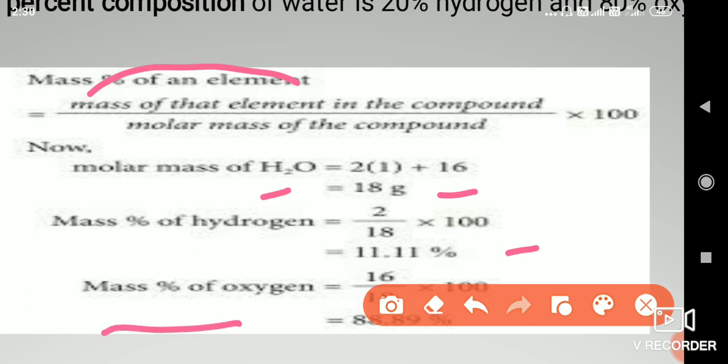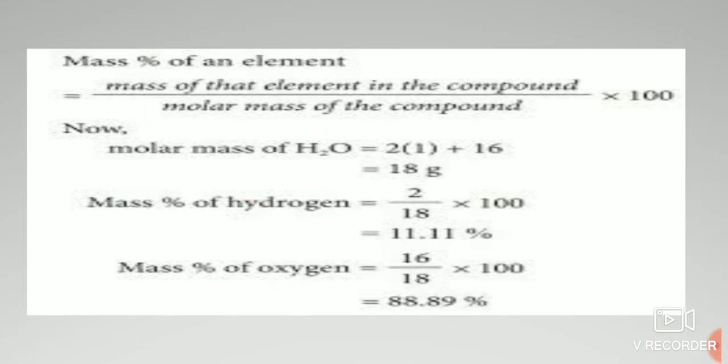Next is the mass percentage of oxygen: the mass of oxygen is 16 upon the molar mass of the compound, water, 18, into 100, and when you solve, it will be 88.89%.